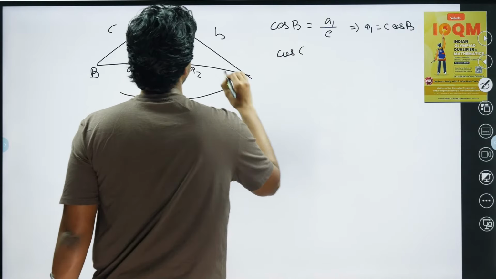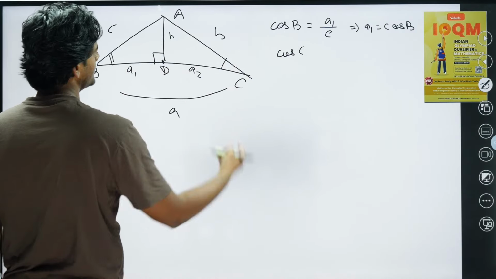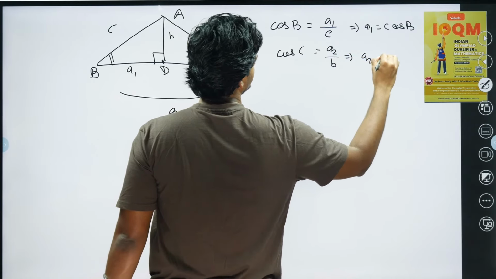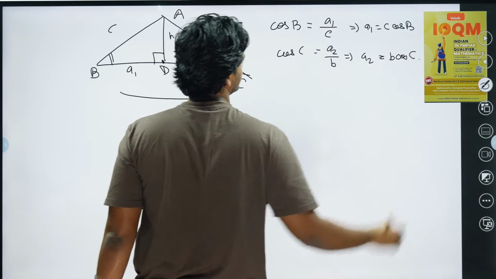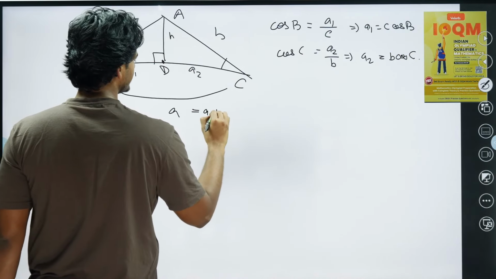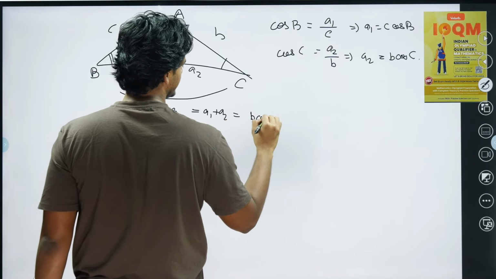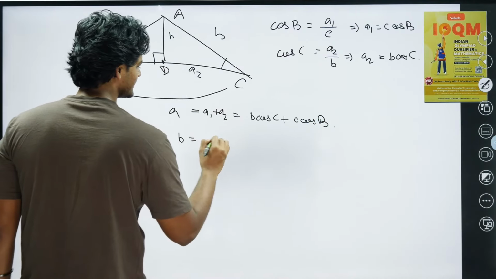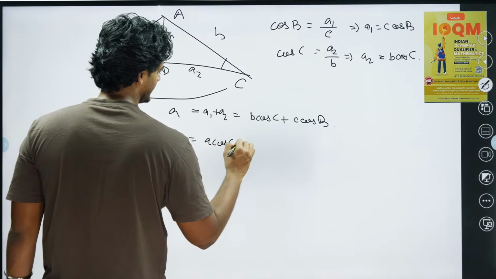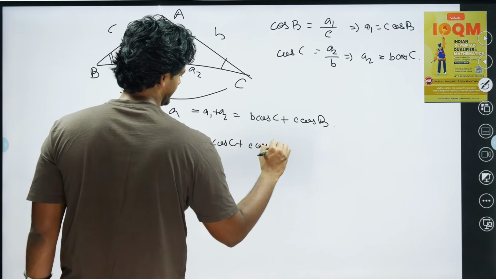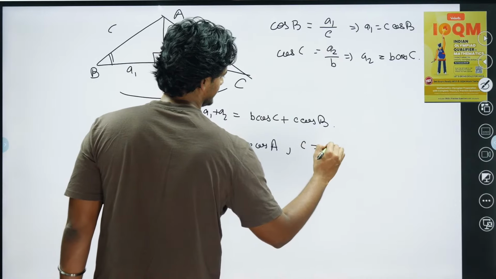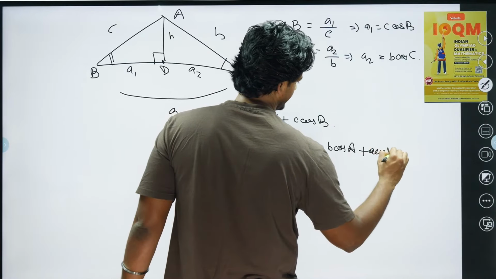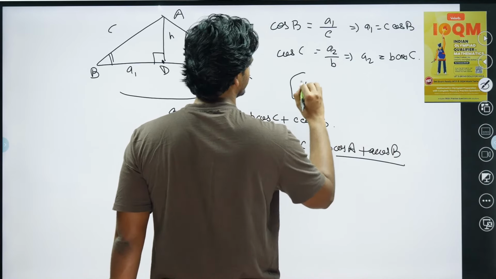What is cos C? Cos C is a2 by b, so a2 is b cos C. That implies a is equal to a1 plus a2, which is b cos C plus c cos B. Similarly, we can write b as a cos C plus c cos A, and c as b cos A plus a cos B. This is called the projection formula.